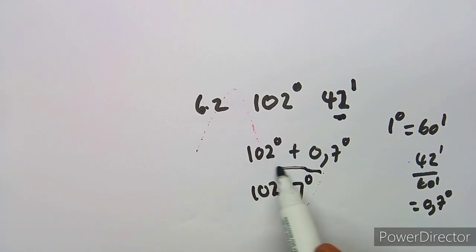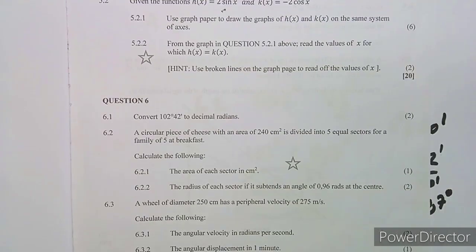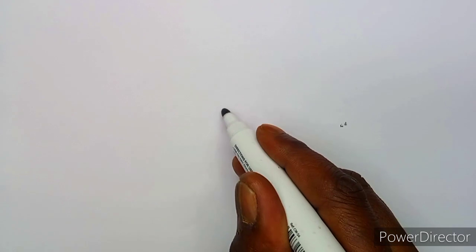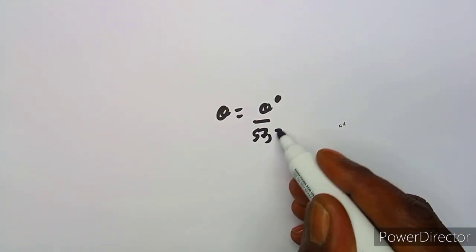All right, so this is in degrees, but for our answer we need the decimal radian. Remember the conversion, guys, that I always told you: if you are given degrees, you can use theta in radians is equal to theta in degrees over 57.3.